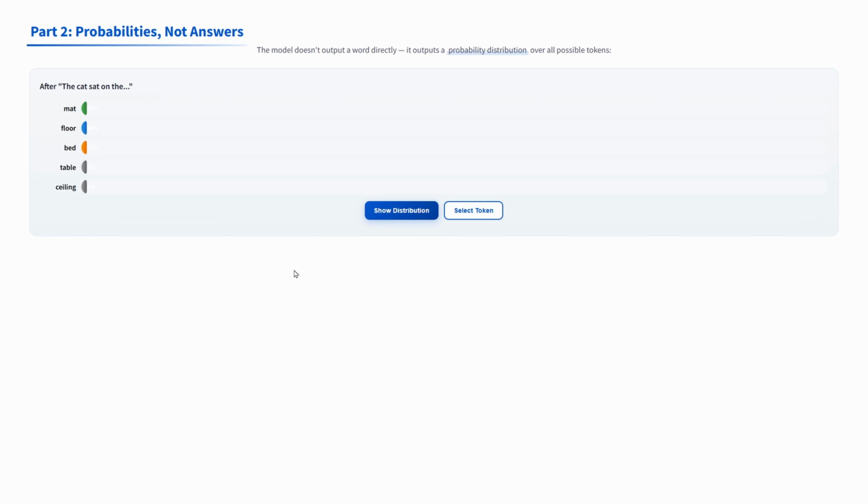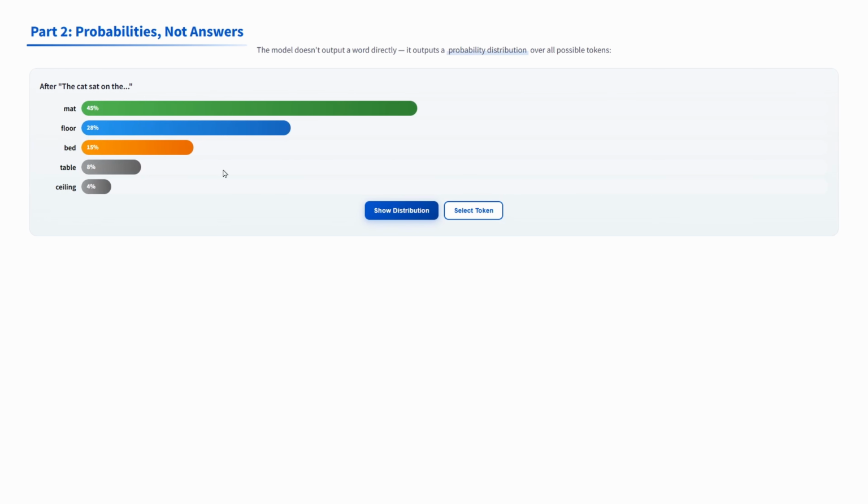It says mat has probability 45%, floor has 28%, bed has 15%, table has 8%, ceiling has 4%. Now, from this distribution, how does the model select the next token? If I say select the next token, it has selected table, again bed, again floor. See what happened?